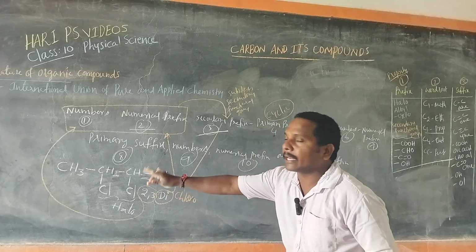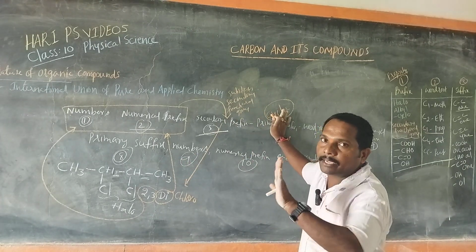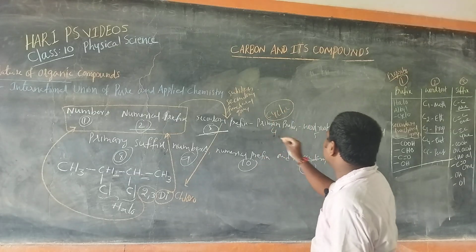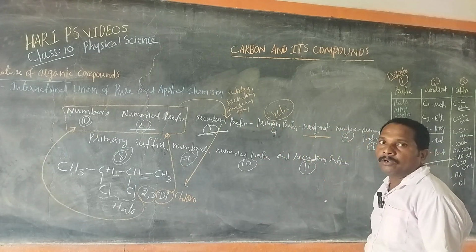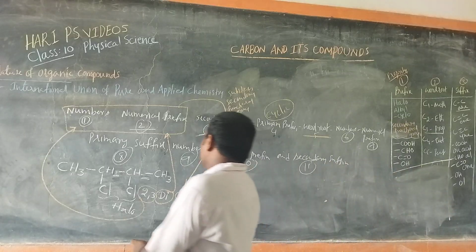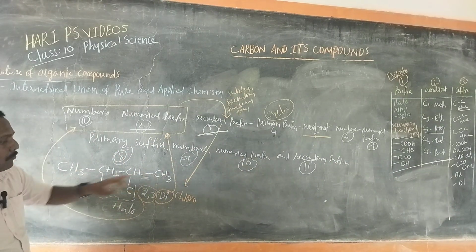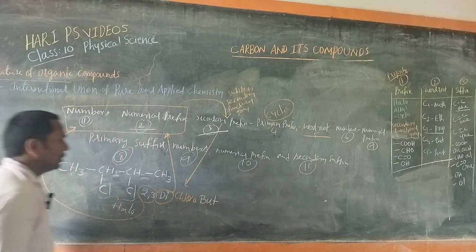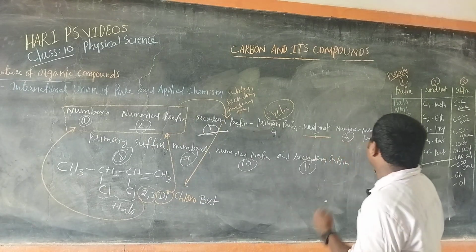There is no ring structure here, so no need to consider it. After that, what do we have? Word root. How many carbons? 1, 2, 3, 4. 4 is but.